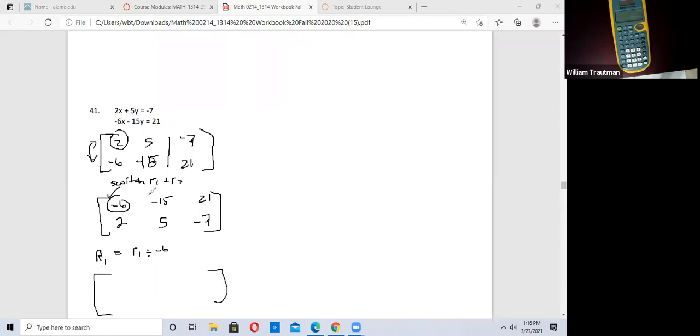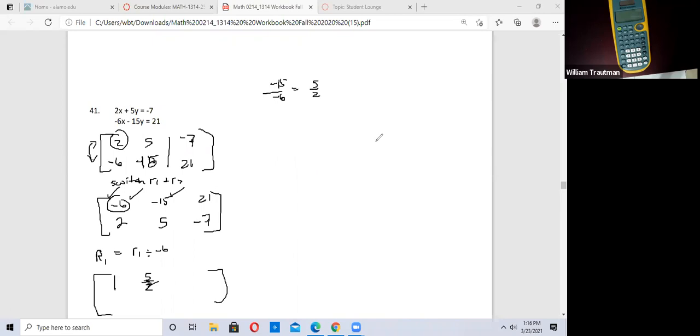So the first item in row 1 is -6. -6 divided by -6 is a +1. -15 divided by -6 is +5/2. When you put -15 divided by -6, they both divide by 3, and I get 5/2.